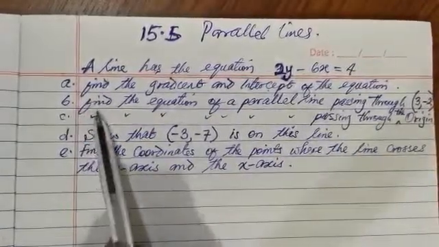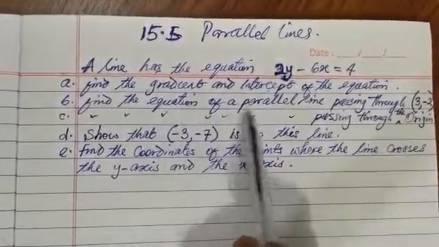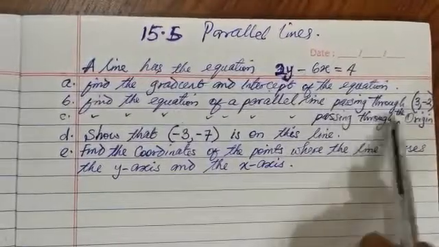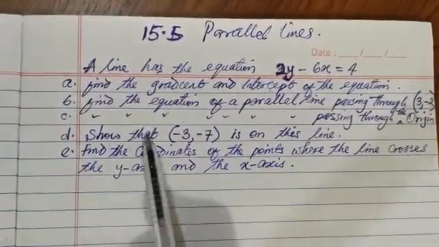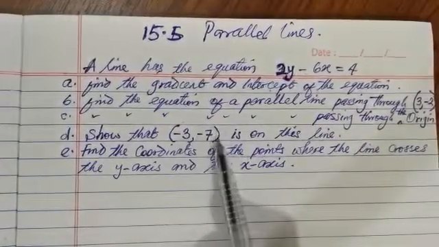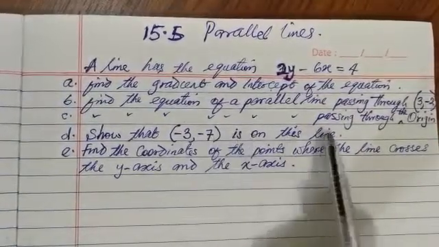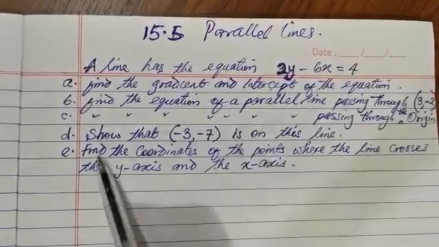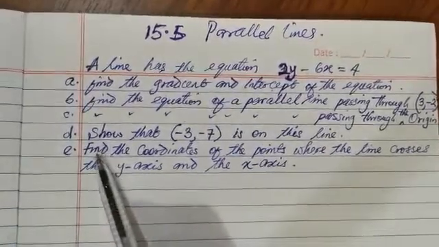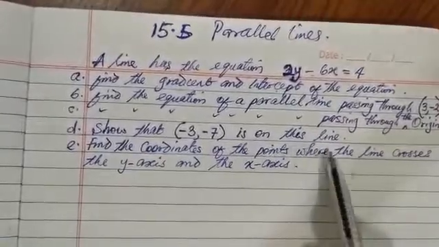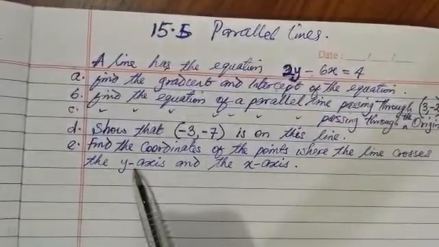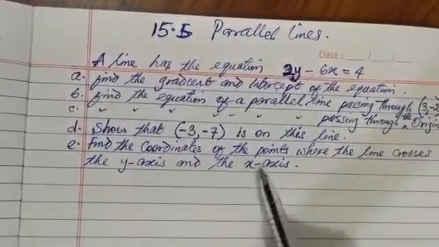And C, find the equation of the parallel line passing through the origin. D says show that (-3, -7) is on this line. And E says find the coordinates of the points where the line crosses the y-axis and the x-axis.